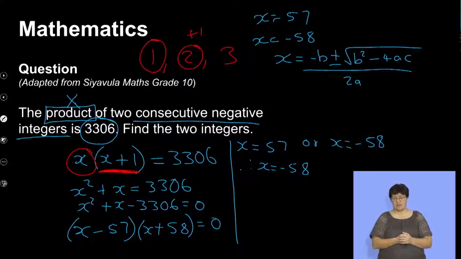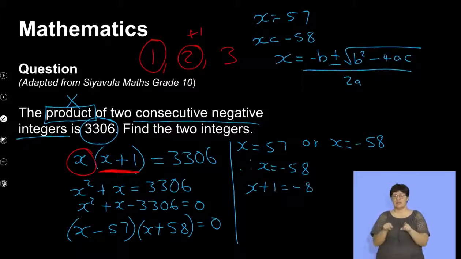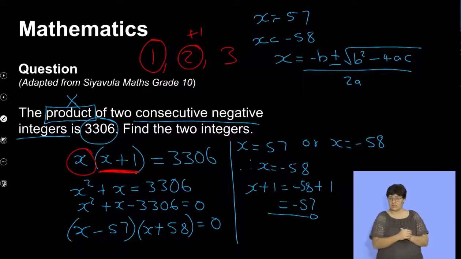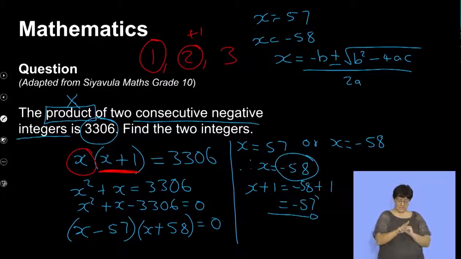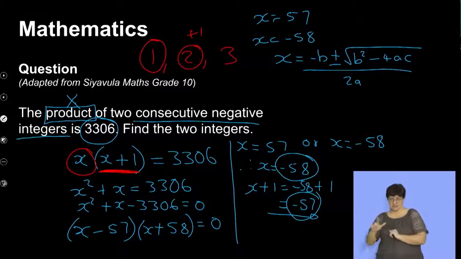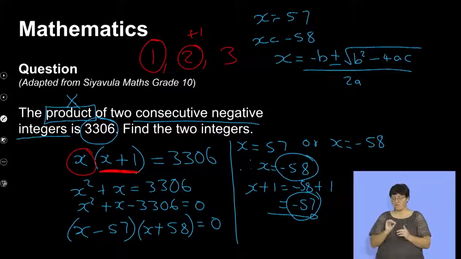Now, the consecutive number to this will be x plus 1, remember, which is the same as negative 58 plus 1, which is equal to negative 57. So my answers are negative 58 and negative 57. And you know, on the number line, they do follow each other.